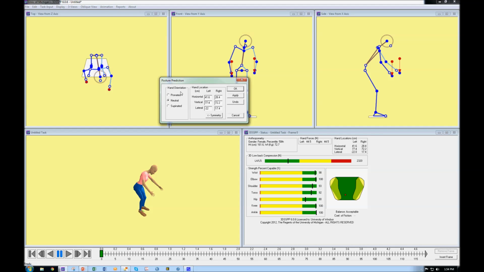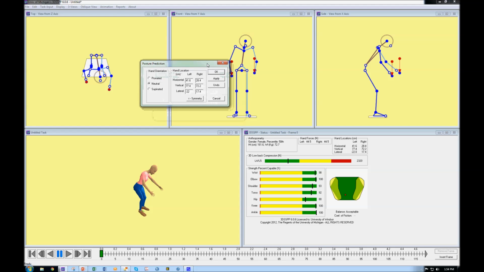A lot of research has gone into this work to predict the whole body posture based on where the hands, both the left and right hands, are located in three-dimensional space. In the horizontal, away from the midline of the body, vertical, from the ground up to the hand, and laterally, the left and right from the sternum or mid-center of the actual body.